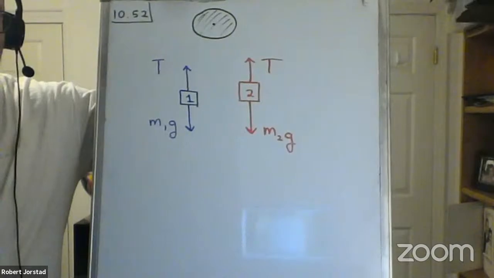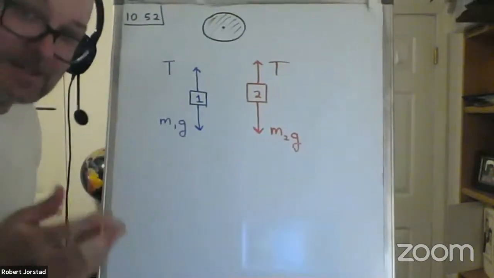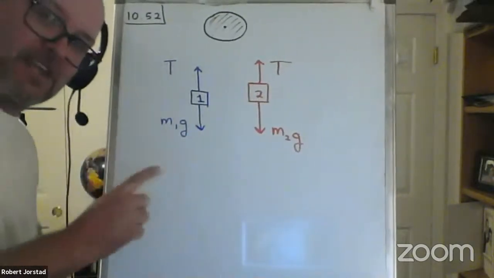I'm second guessing myself. I'm pretty sure it's no. You are correct. It's not the same tension anymore. What was the requirement in chapter 5 to say they had the same tension? Massless pulley.